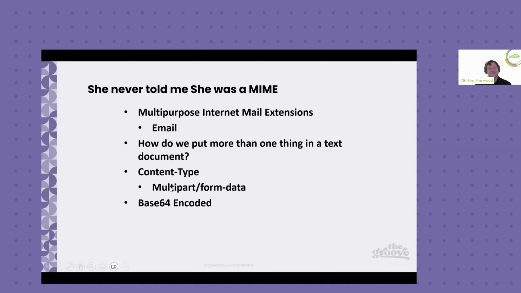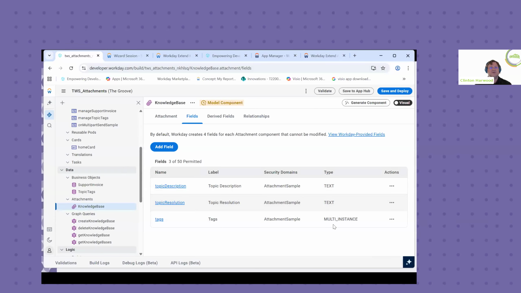Great question there, Alana. Let me just pop that back open. Notice that I can reference out from this attachment to a business object. So in this case, my topic tags are a multi-instance reference object here to this knowledge base.